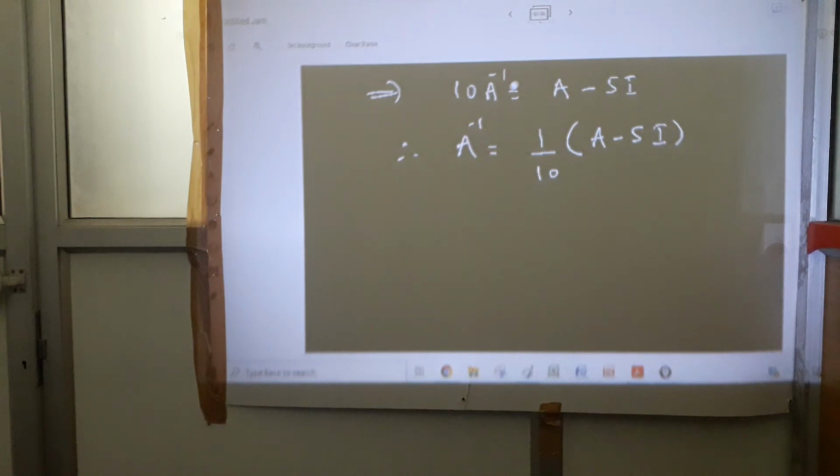If it is a 3 by 3 matrix, A cube will appear. So instead of A here, some A square will come, some times of A, and then some times of this I will appear.